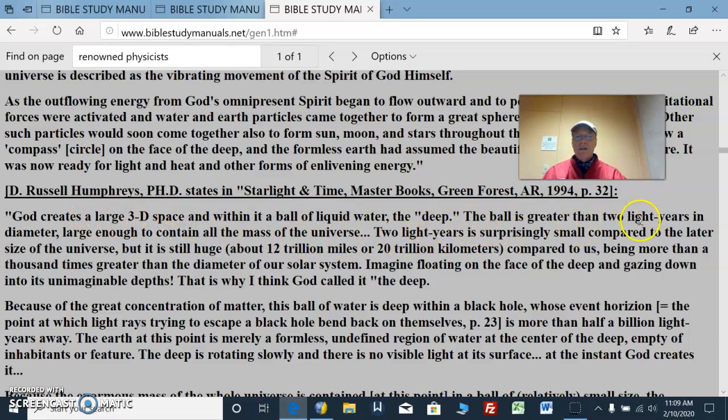The ball is greater than 2 light years in diameter, large enough to contain all the mass of the universe. 2 light years is surprisingly small compared to the later size of the universe, but it is still huge, about 12 trillion miles or 20 trillion kilometers, more than 1,000 times greater than the diameter of our solar system. Imagine floating on the face of the deep and gazing down into its unimaginable depths. That is why I think God called it the deep.